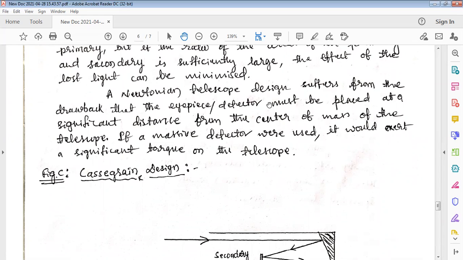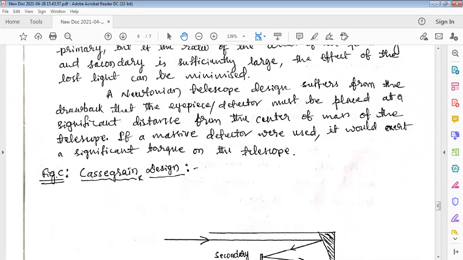A Newtonian telescope design suffers from the drawback that the eyepiece or detector must be placed at a significant distance from the center of mass of the telescope. If a massive detector were used, it would exert a significant torque on the telescope. So this is the drawback of the Newtonian design.